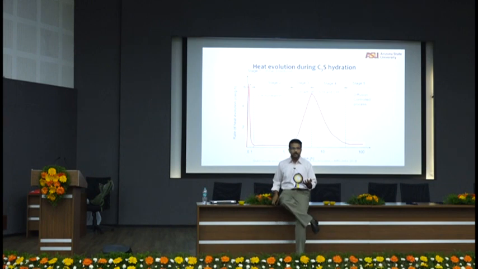Transport of water or moisture can happen through absorption, adsorption, diffusion, wicking, a lot of different phenomena, right? Absorption is taking water inside. Adsorption is tying water on the surface. Diffusion is a slow transport of water.